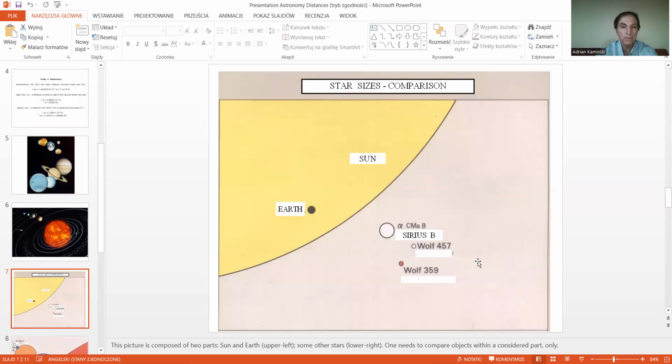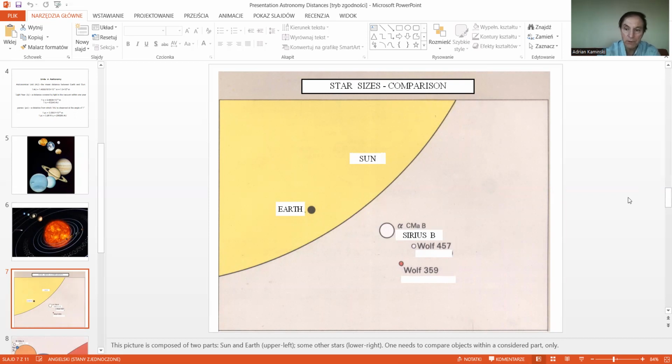The comparison, take a look at the upper left corner. The yellow sun, as you see here, is many times larger than Earth, which is represented by this black dot. Over here we have some other stars, but those stars are not to scale if you would like to compare with the sun.